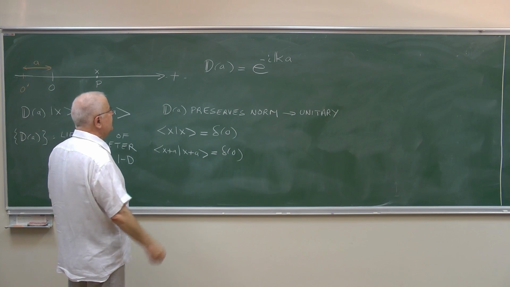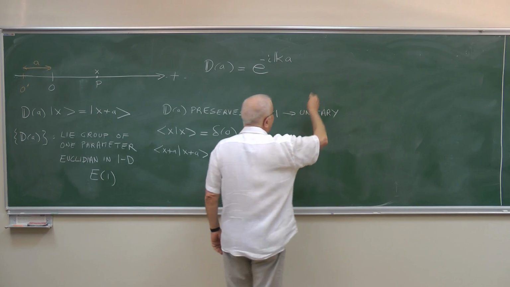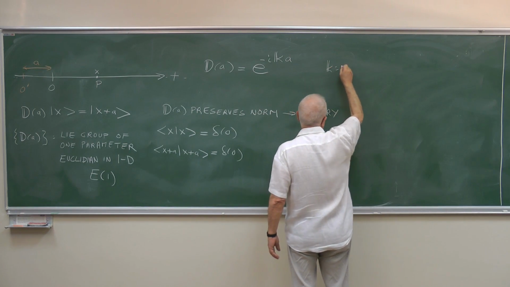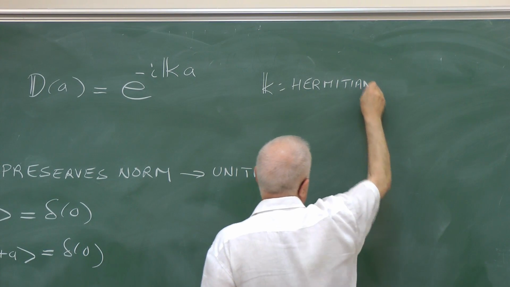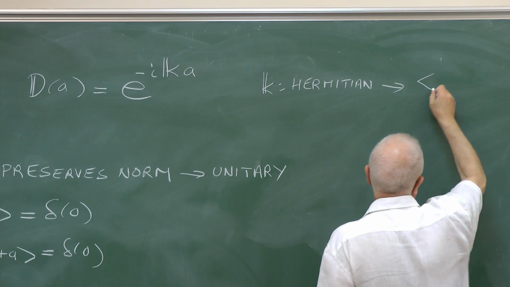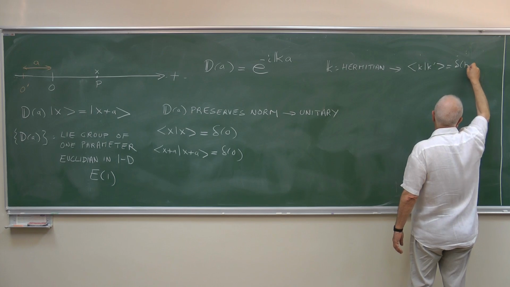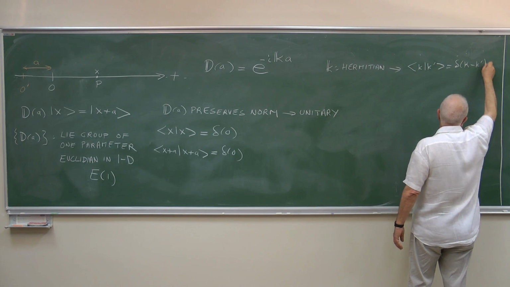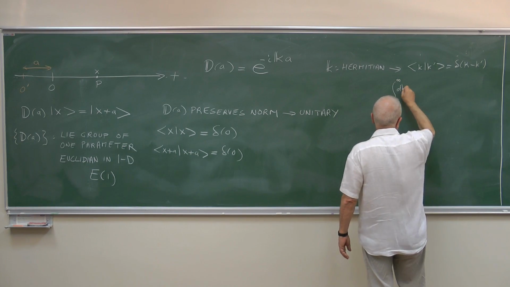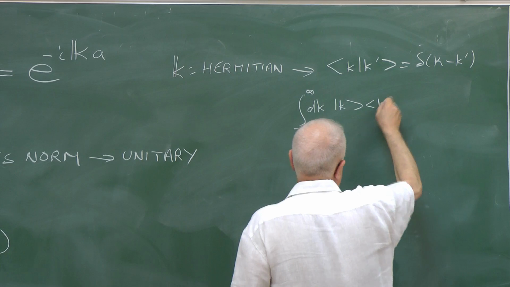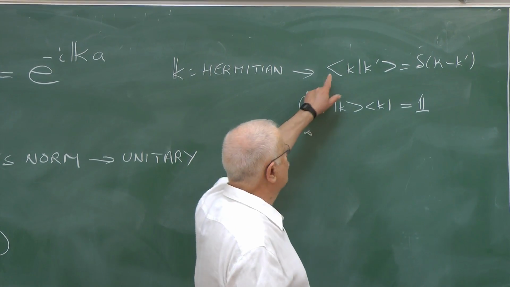Now, you realize that K is also self-adjoint or Hermitian. Meaning the K K prime scalar product is delta of K minus K prime, and the integral from minus infinity to infinity dk of K ket K bra is identity. This is orthonormality.